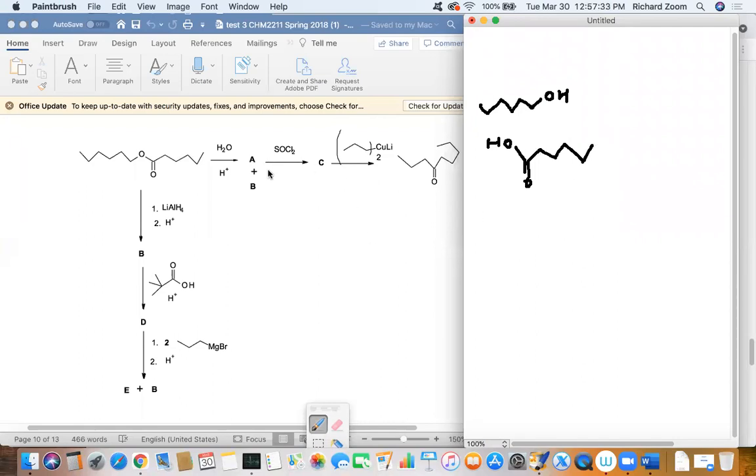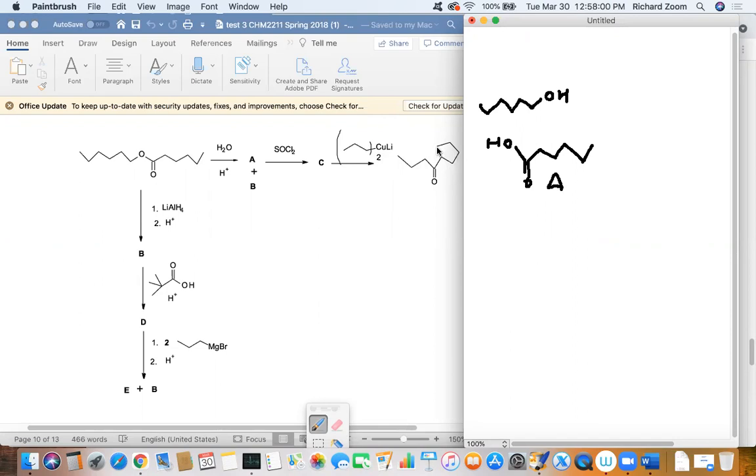And initially you won't know which is A or which is B, but what we do know is that when A is treated with SOCl2, and the only reaction we've dealt with SOCl2 would have been with this one, that would have to be A. And that would also help explain the product that we're getting over here if we know that we're adding 2 equivalents of the copper lithium reagent.